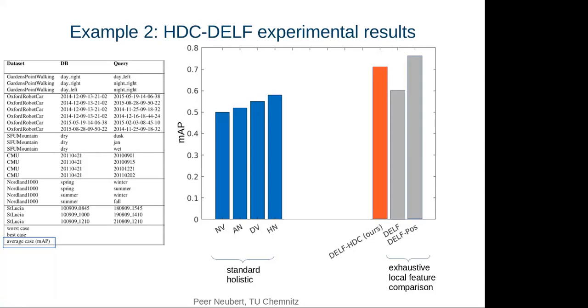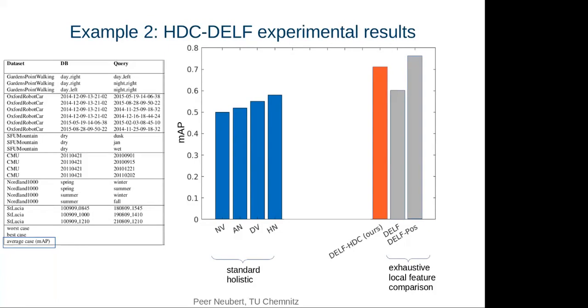So using this exhaustive local feature comparison is still better, of course, because we are trying to approximate this distance with the HDC-DELF approach, but it takes a lot more time to do this exhaustive comparison.